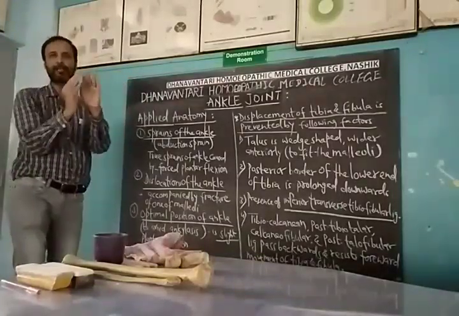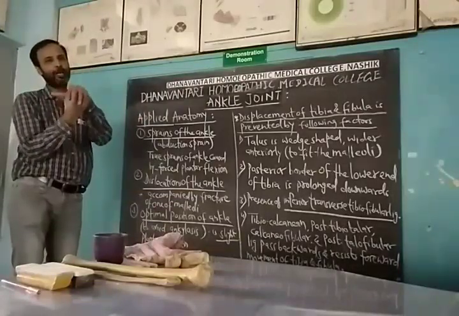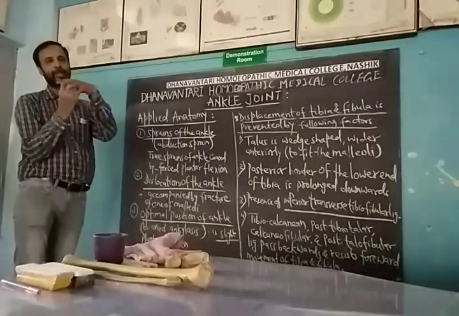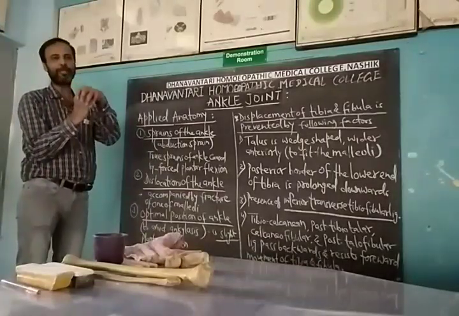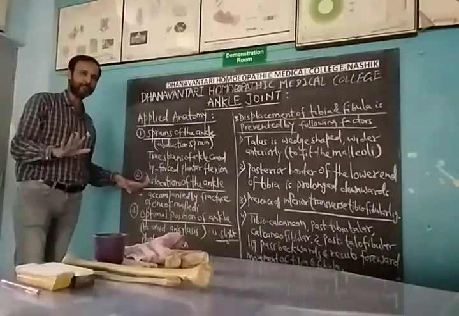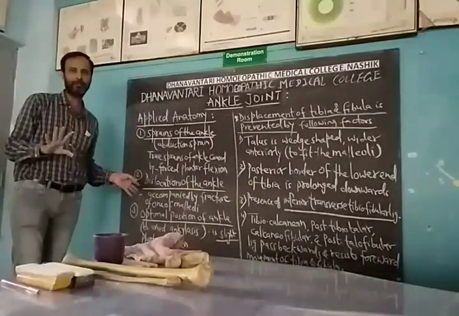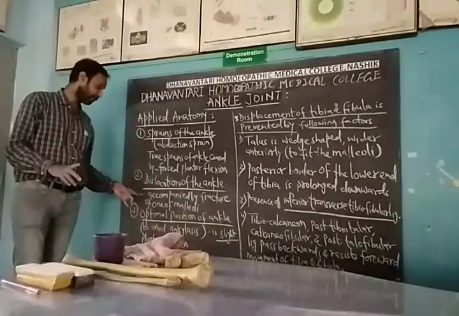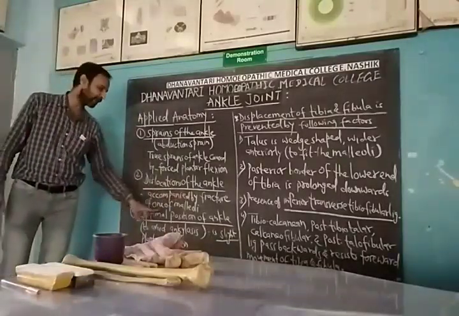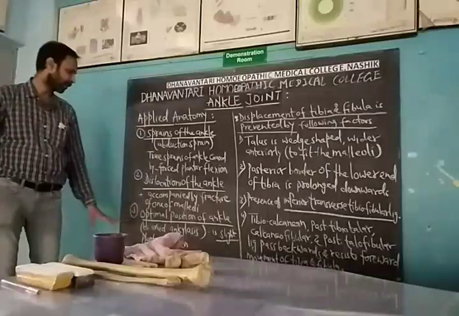This gives a deep socket in which the talus bone articulates. So this joint is a hinge variety, and dislocation is not very frequent. But if it occurs, it is always accompanied by a fracture of one of the malleoli.